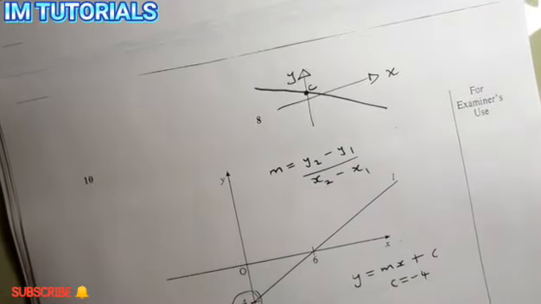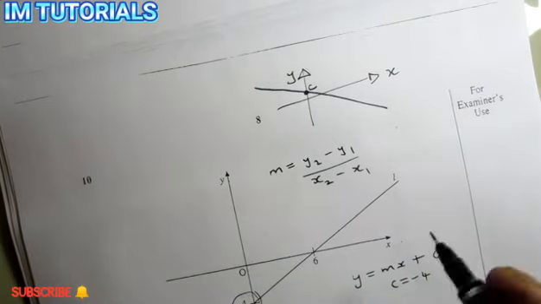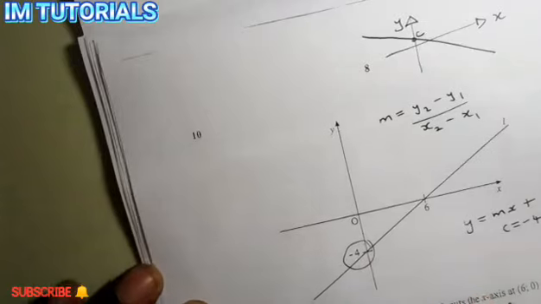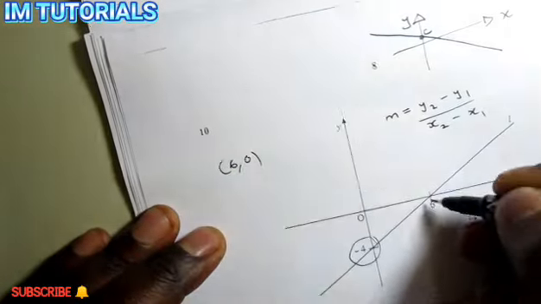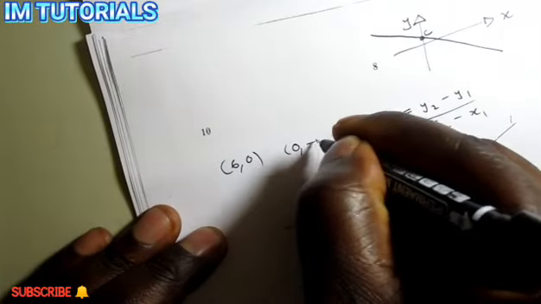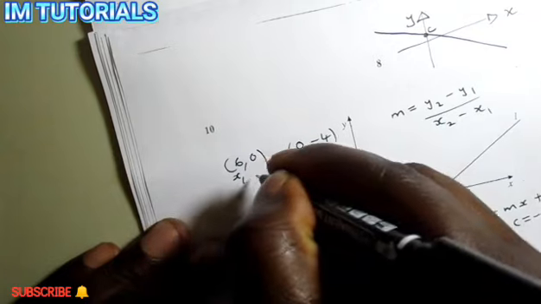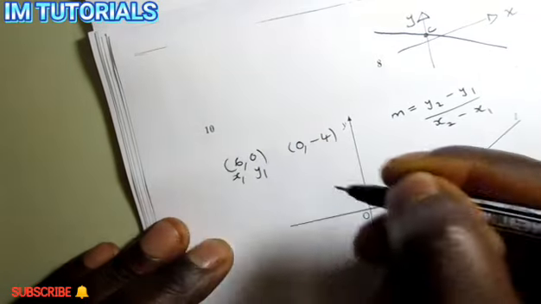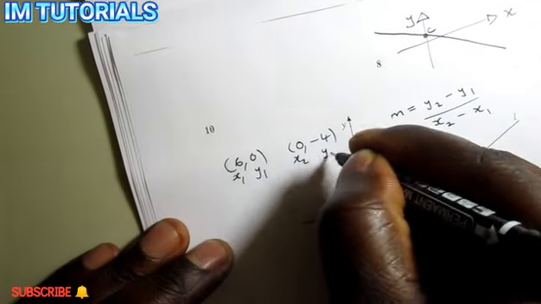So you have to identify any 2 points lying on this straight line L, and those 2 points have been given as (6, 0) and (0, -4). I hope you are listening. So let 6 be x1, let 0 be y1, let 0 be x2, let minus 4 be y2.